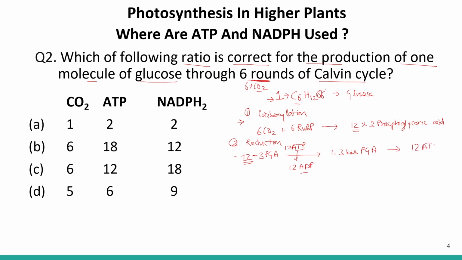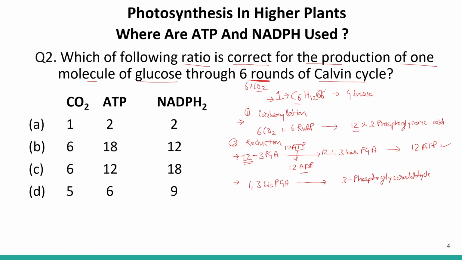12 ATP are utilized. Now coming to the next step, which is the conversion of 1,3-bisphosphoglyceric acid to 3-phosphoglyceraldehyde. This is the reduction step. Again, 12 molecules are present.